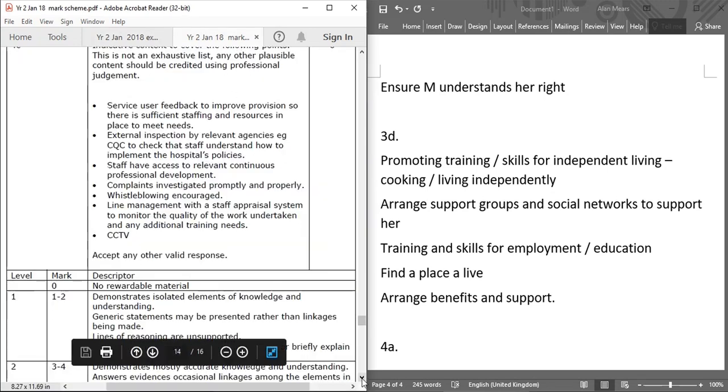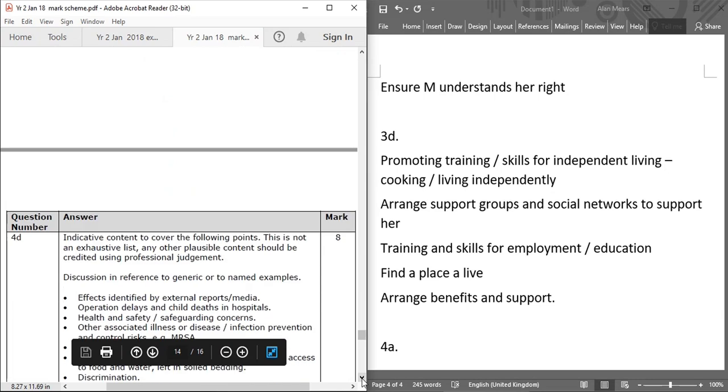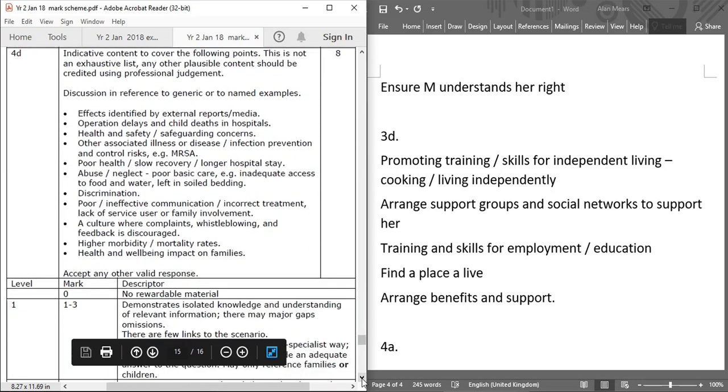So again, it's essentially all the stuff we talk about trying to avoid. Operation delays and death, health and safety issues, illness, infection, poor health, poor recovery, discrimination, high mortality. A lot of factors linked to death and illness here, but this would be what happens when poor care isn't delivered. Okay, there we go, and that's the last question.